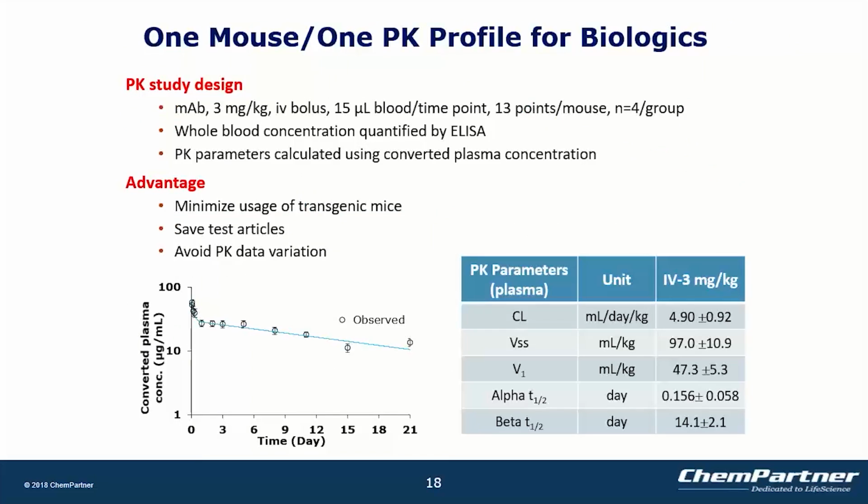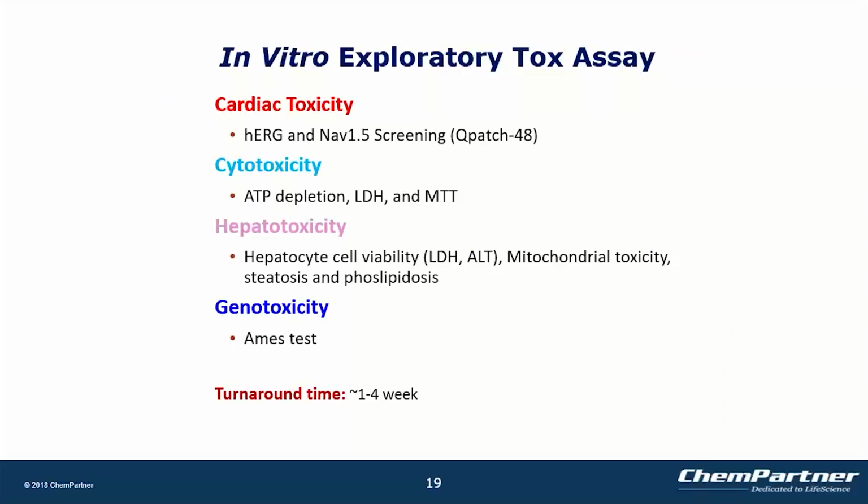And the next one is the mouse PK profile for biologics. Today I'm more focused on small molecule in terms of in vitro ADME and in vivo PK and tox, but we do have capability in biologics. These are just examples of how we run biologics PK studies.